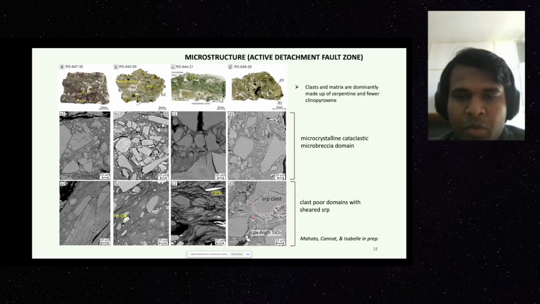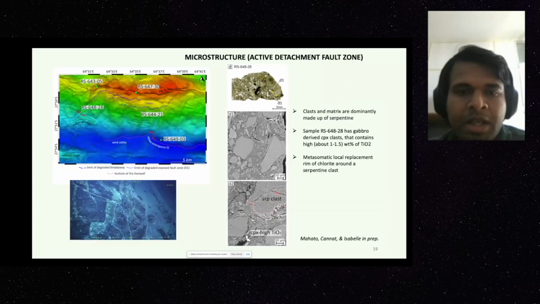But here, one additional texture to note is in sample 64828, which is this one, that the microprobe analysis of some of the clinopyroxene clasts shows that they contain a high weight percentage of titanium oxide, which indicates that these CPX clasts are derived from magmatic rocks.